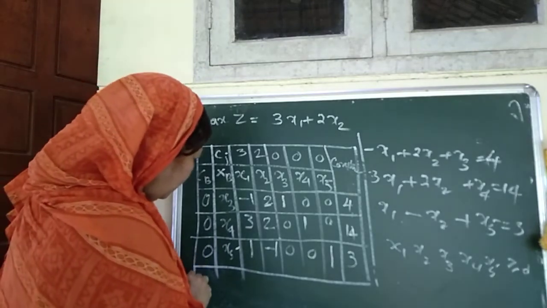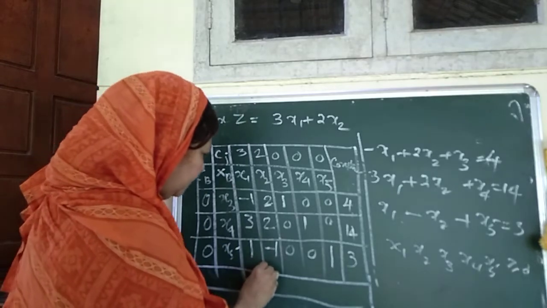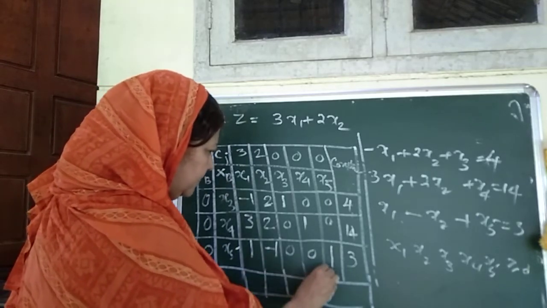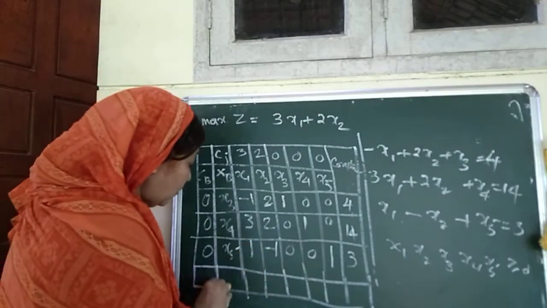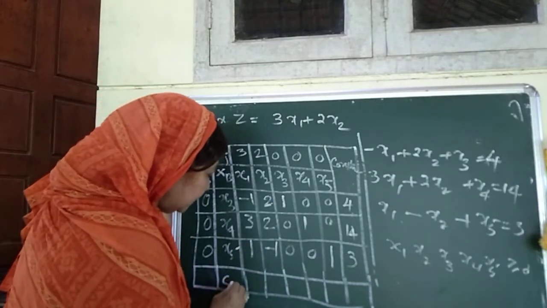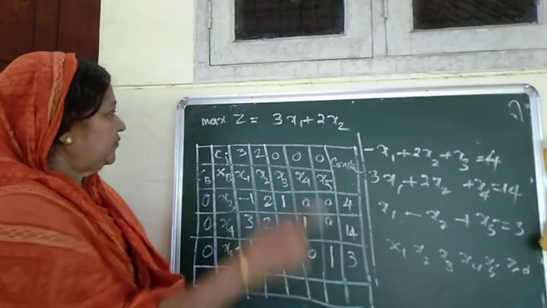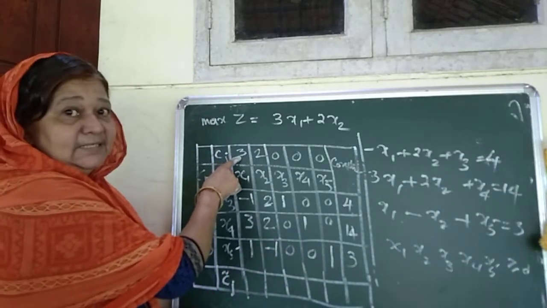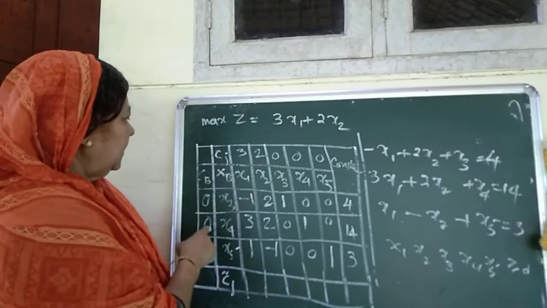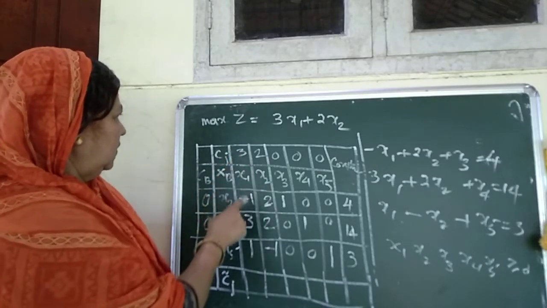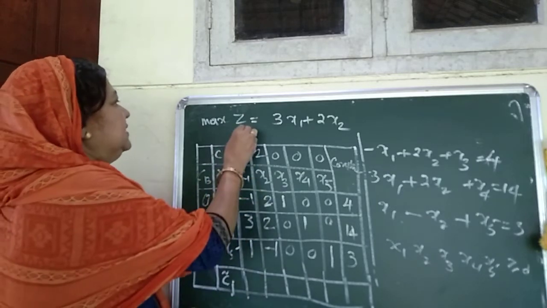Then we have one more row. This row is called the profit value, Cj bar.